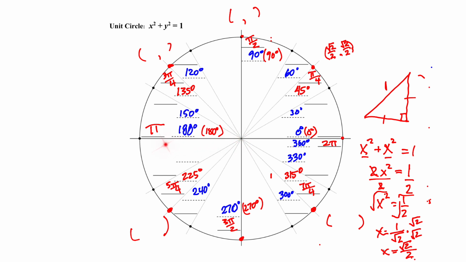Where x is going in a negative direction, y is still going in a positive. So we just have to change the signs. This is negative root 2 over 2 and positive root 2 over 2. And down in the third quadrant, they're both negative: negative root 2 over 2 and negative root 2 over 2. And then over here in the fourth quadrant, it's positive x, so root 2 over 2 and negative root 2 over 2.